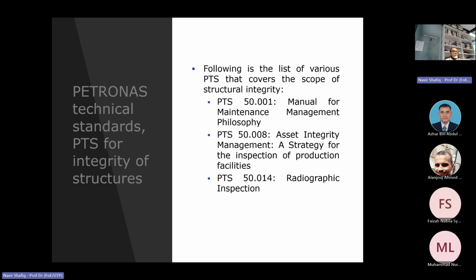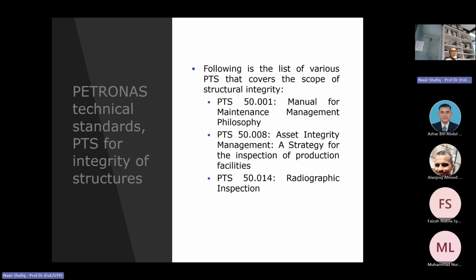I'm not sure if some of you are in Petronas, but whether Petronas, Petronas operating contractors, or subcontractors, whoever is involved in a Petronas job, apart from other relevant standards, you also have to comply with the Petronas Technical Standards. There are standards which talk about structural integrity.